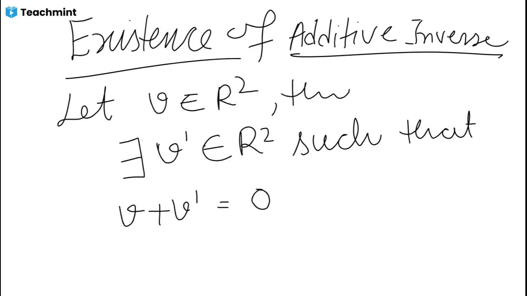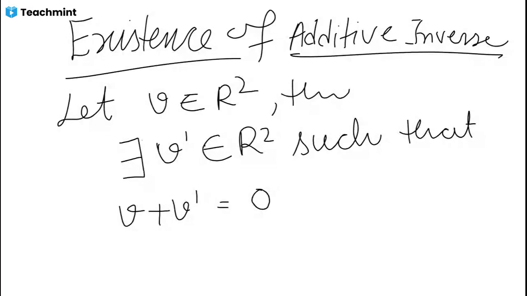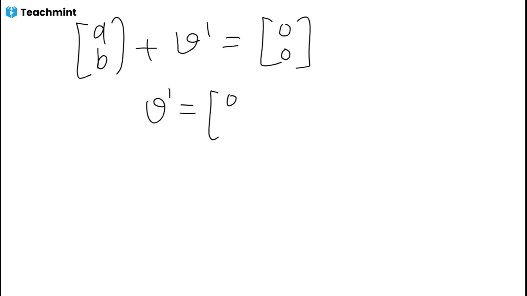So we need to find V dash, which must belong to R2. So let us find. We have here V having element A comma B, plus V dash, equal to the null vector or zero vector component, and V dash we can find by just subtracting V from it.